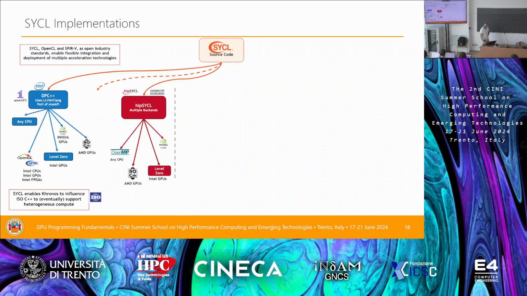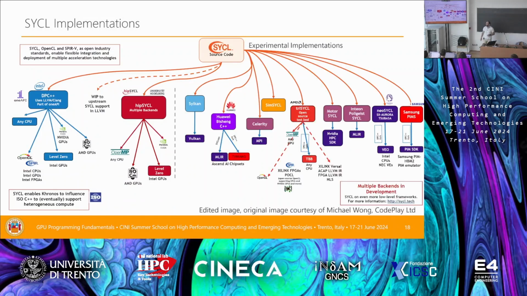There are many implementations of SYCL. We have, let's say, the standard one, which has been tested by many users, and they are under ratification, under CTS approval. So they will be officially recognized by Khronos as official working implementations.